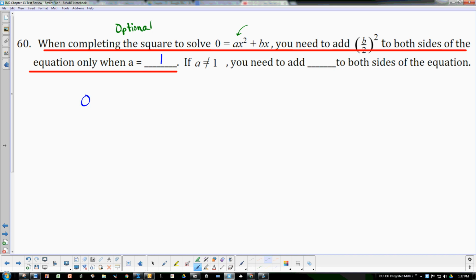Okay, so if I had 0 is equal to 1x squared plus bx, then in order to complete the square, you would have x squared plus bx plus b over 2 all squared, and you would have to add that onto the other side as well.